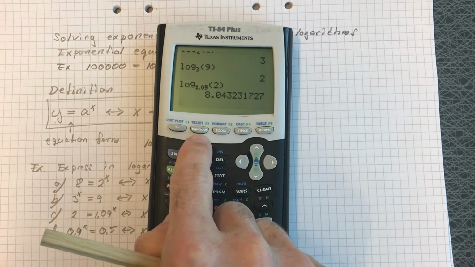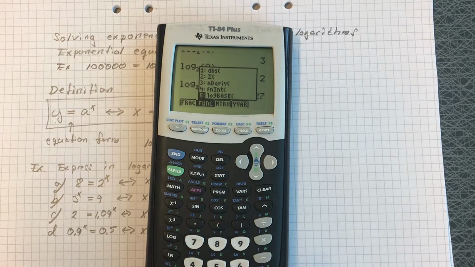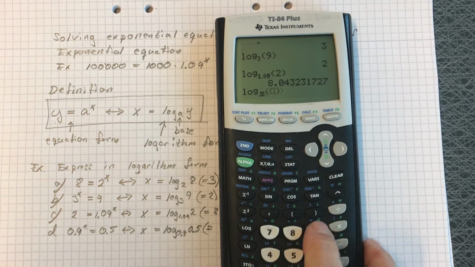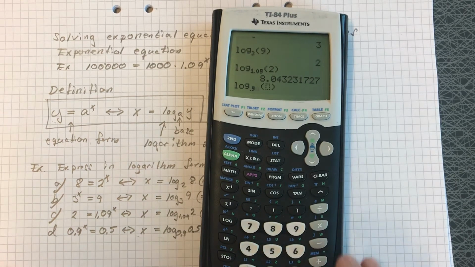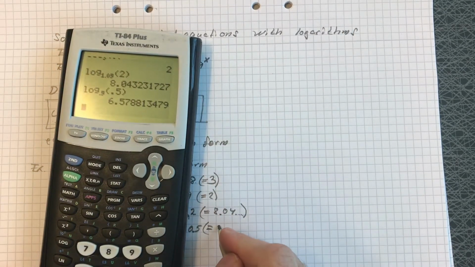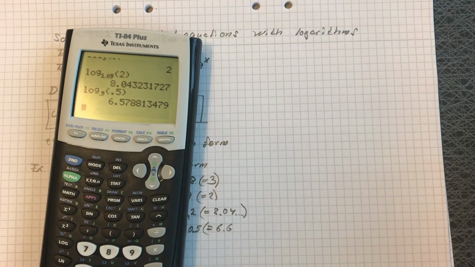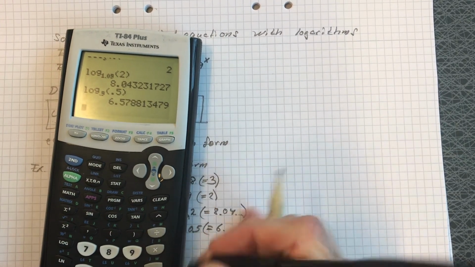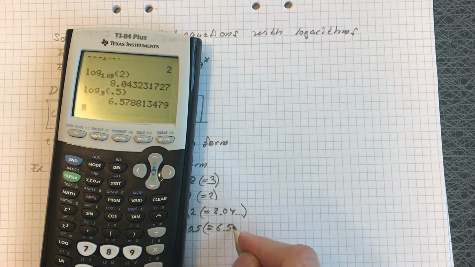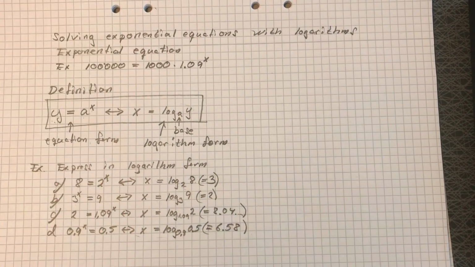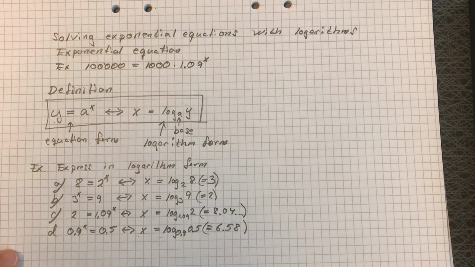So, alpha window, log base, enter, 0.9 to the right and 0.5. Well, it takes 6.58. If I want 2 decimals here, it's 6.58. Could be days or years or whatever we have for unit for x.